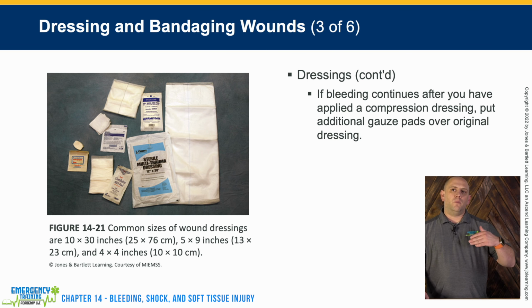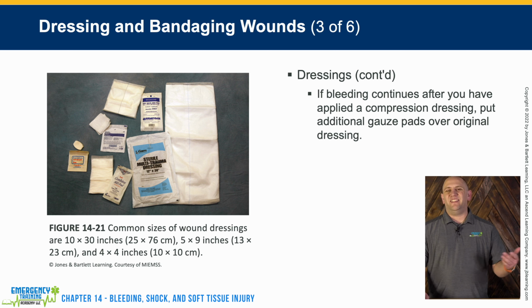We want to go beyond all sides of that wound, and we want to wrap just tightly enough that we control the bleeding, but not tight enough that it cuts off the circulation.